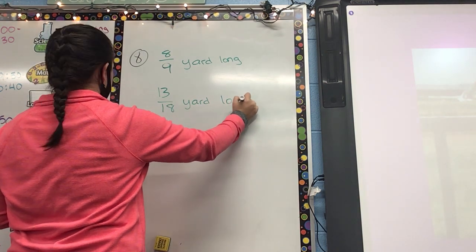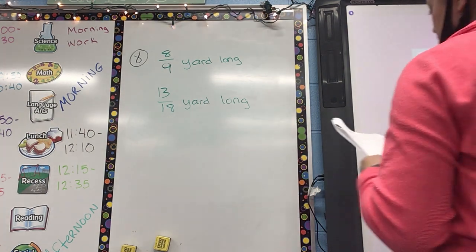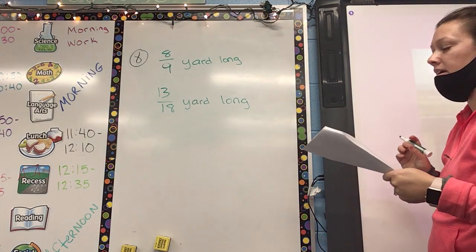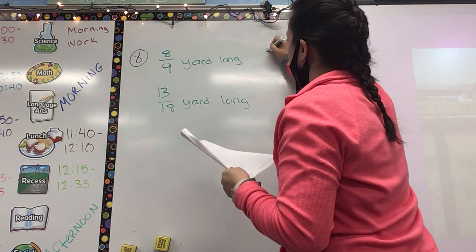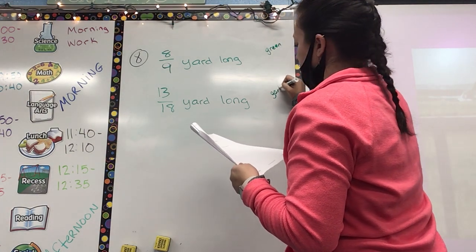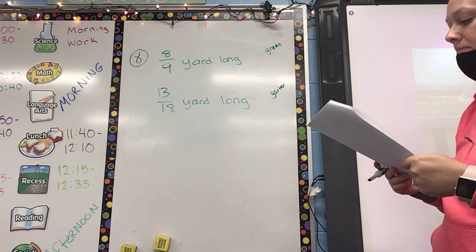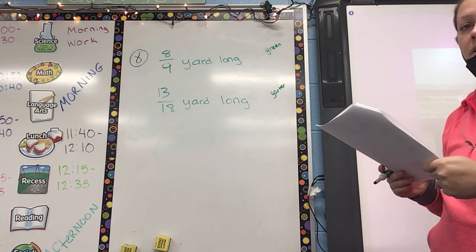Some big snakes. They want to know how much longer is the green snake than the garter snake. So this one's our green. This one's our garter.